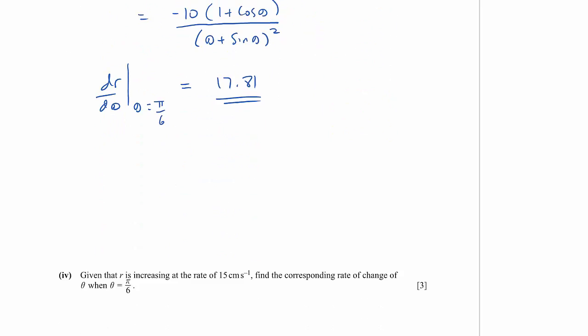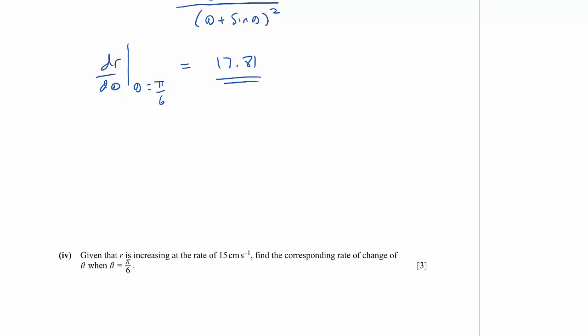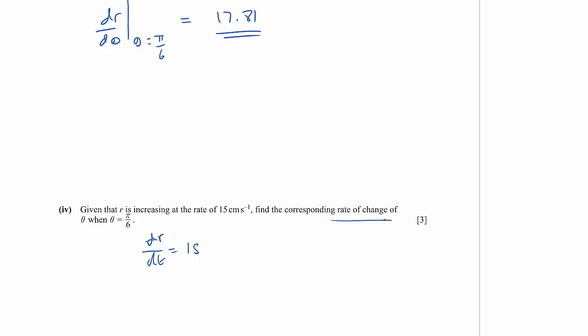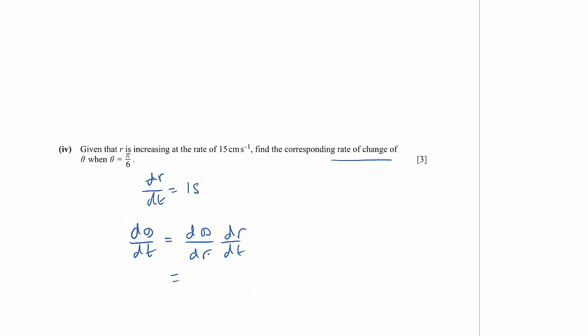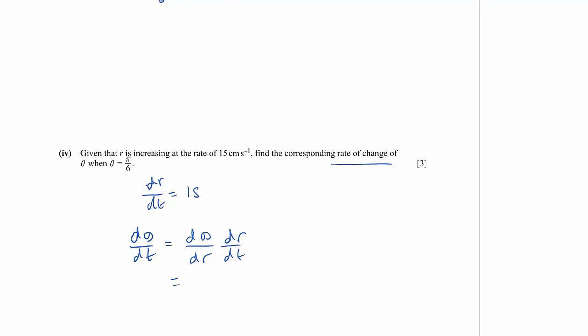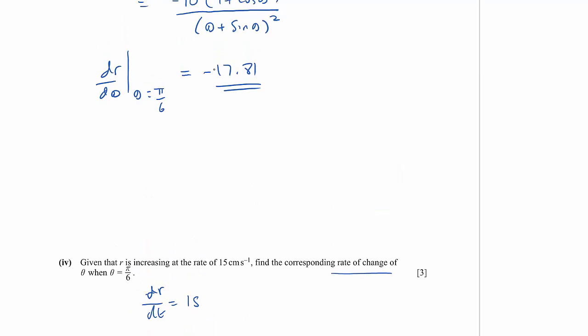Okay, so we're now given that r is increasing at a rate of 15 centimetres per second. So in other words, dr dt is equal to 15. We want the corresponding rate of change of theta. So d theta dt, using the chain rule, is d theta dr times dr dt. So that was negative 17.81, I seem to remember.